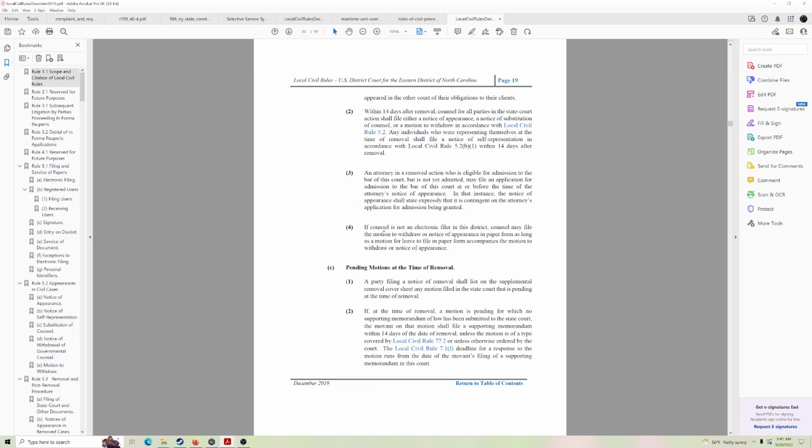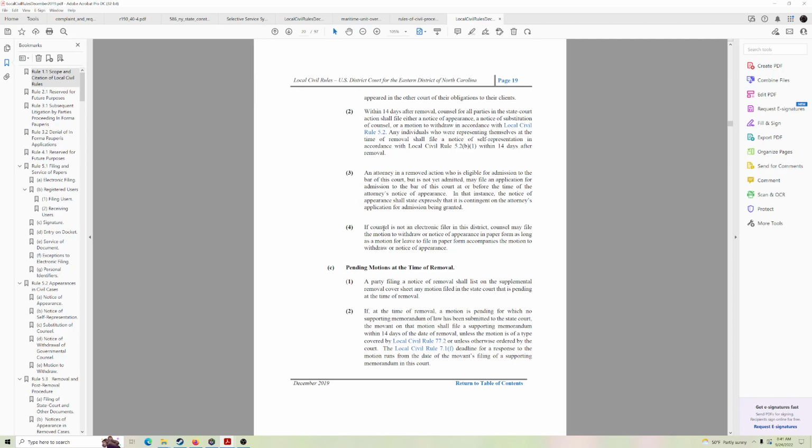C. Pending motions at the time of removal. 1. A party filing a notice of removal shall list on the supplemental removal cover sheet any motion filed in the state court that is pending at the time of removal. 2.